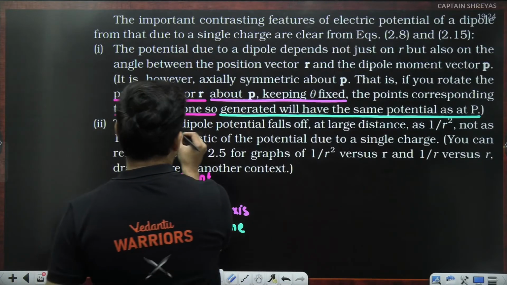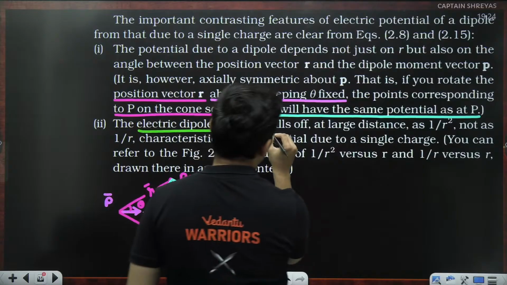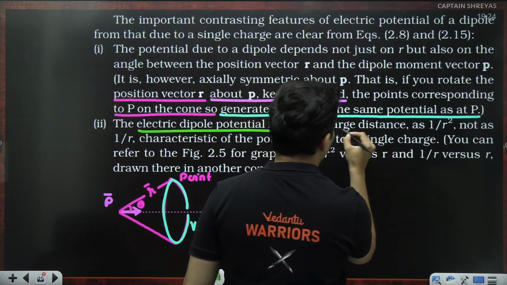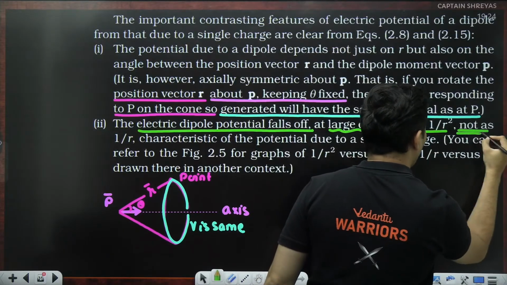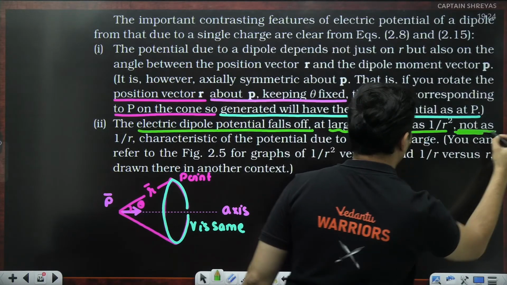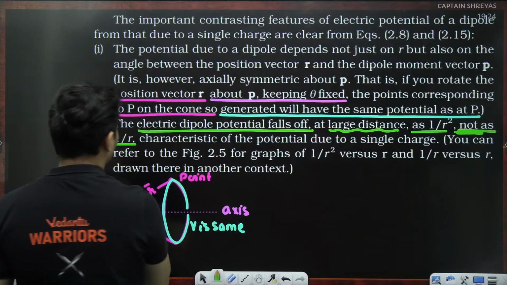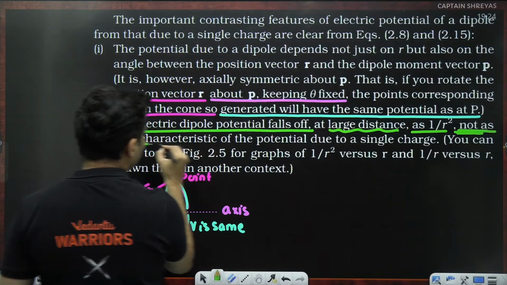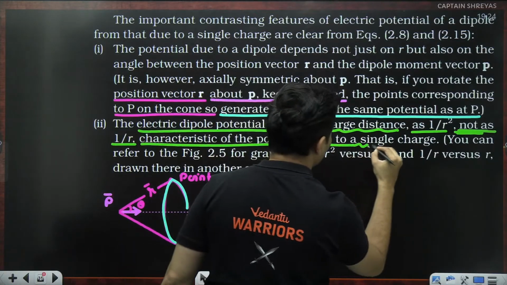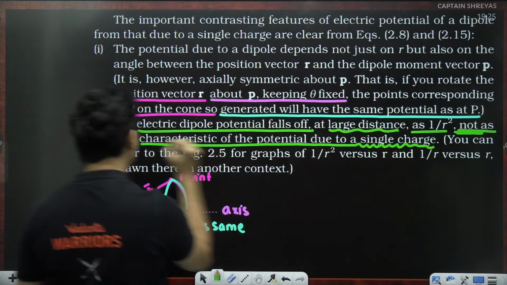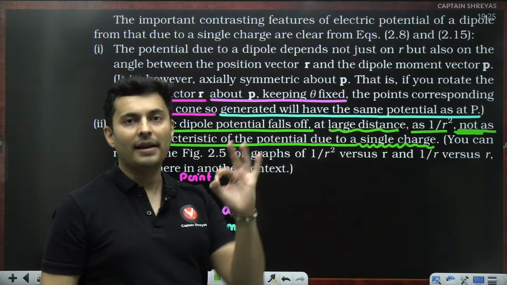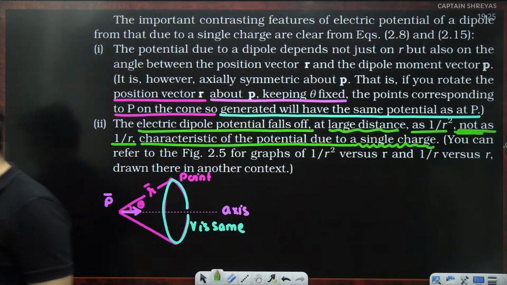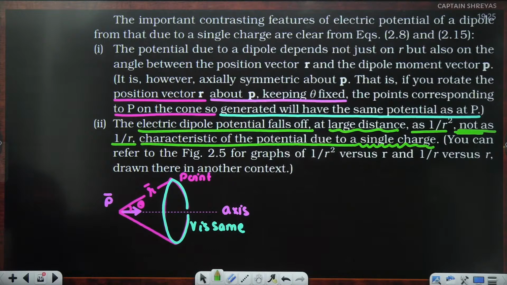The electric dipole potential falls off at large distances as 1 by r square and not as 1 by r, which is the characteristic due to a single charge. For a single charge it is 1 by r, for a dipole it is 1 by r square. That is the main significance.